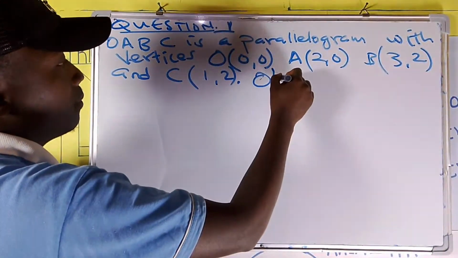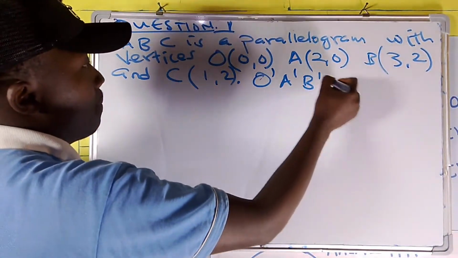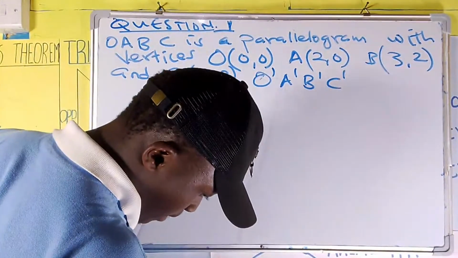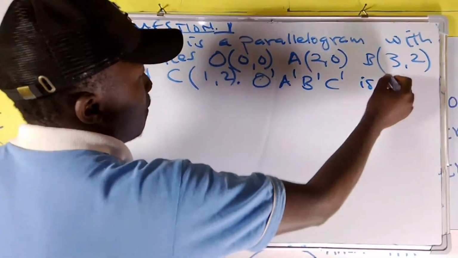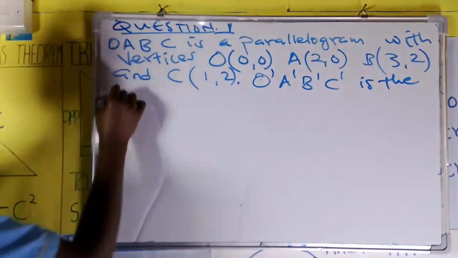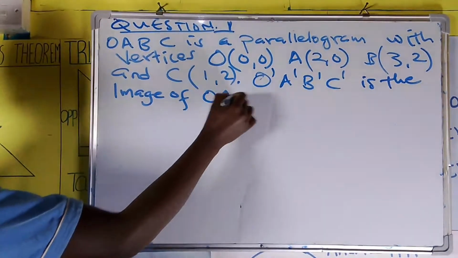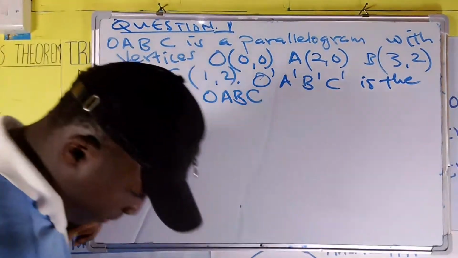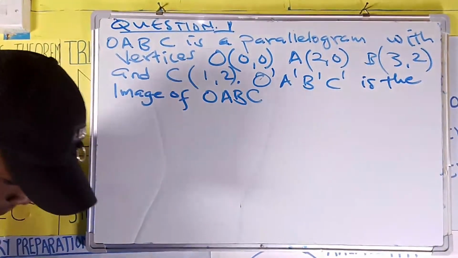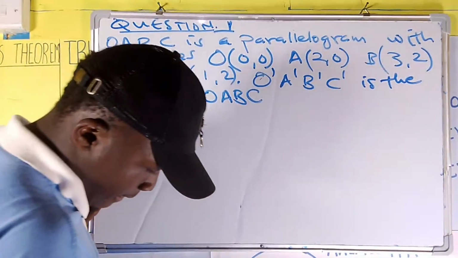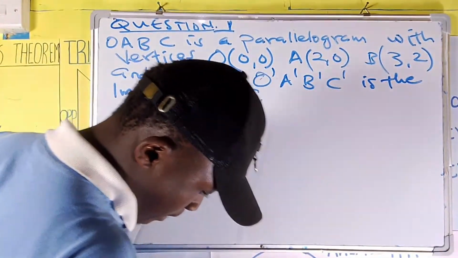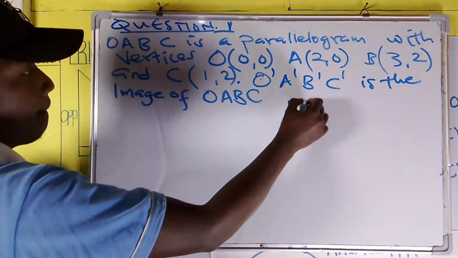O prime, A prime, B prime, C prime is the image of OABC under transformation matrix.